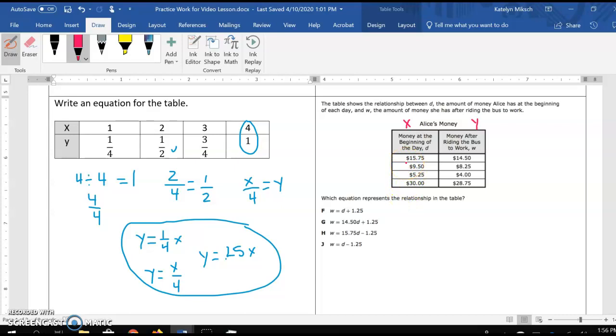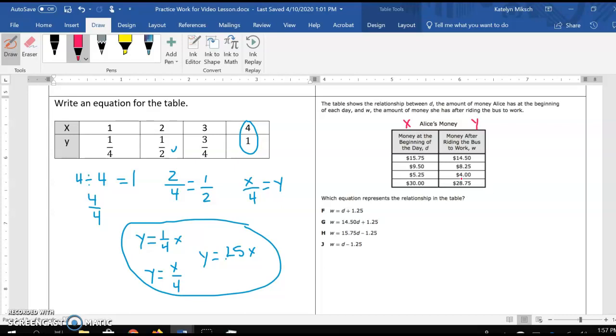So if we start with $15.75, we pay the bus driver, we end up with $14.50. Start with $9.50, end up with $8.25. Start with $5.25, then we have $4 left over after paying for the bus. So our value is getting smaller, which makes sense because if you're paying for something, you're going to have less money in your wallet after that.